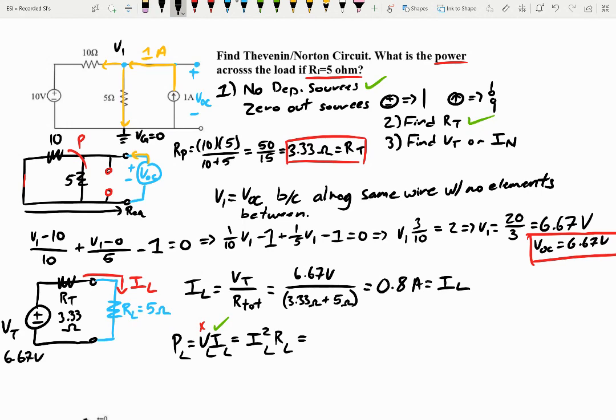So by doing that, we know the current, we just solved for it, and we know the resistance, so we can just plug those in. So the current is 0.8 amps. Let's square that. Our load was 5 ohms, so that'll equal 3.2 watts. That'll be the power of the load resistor.